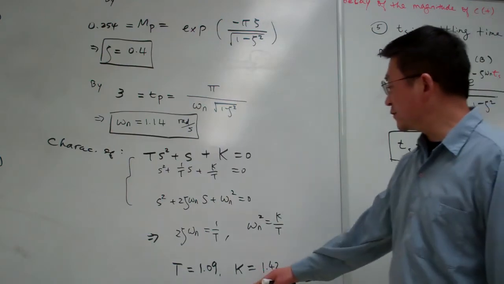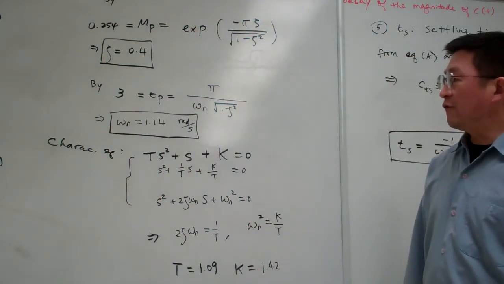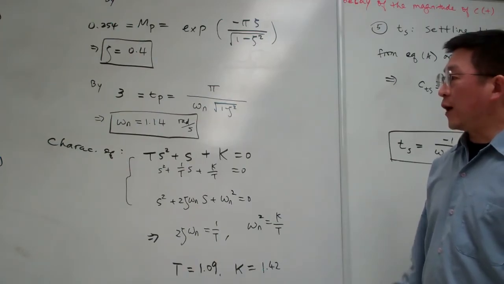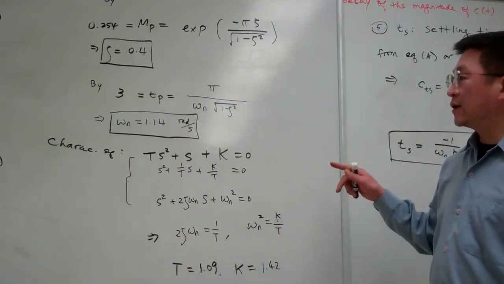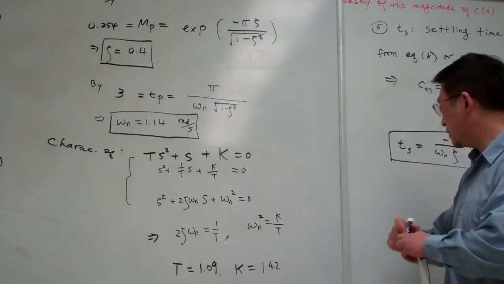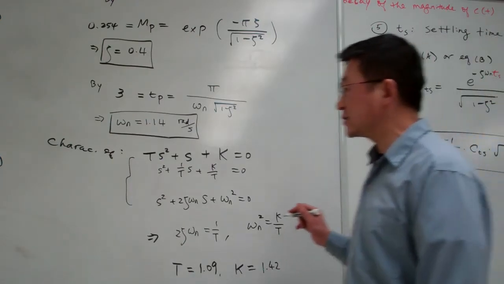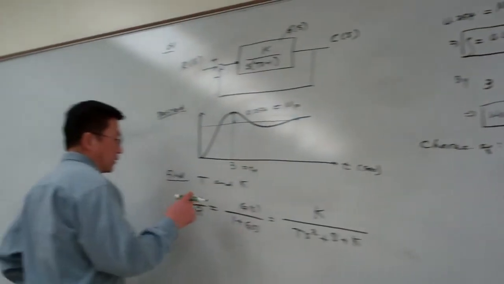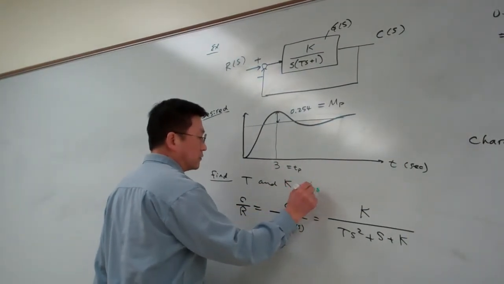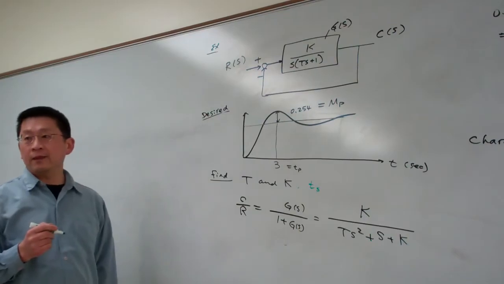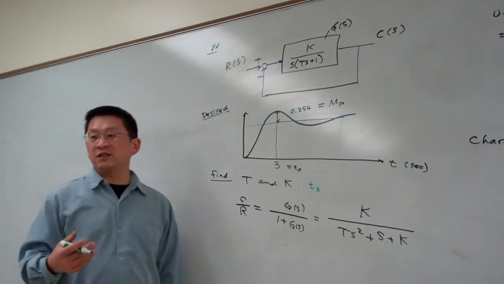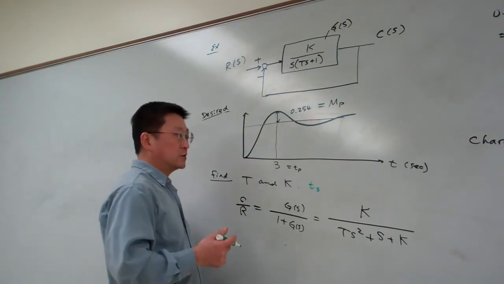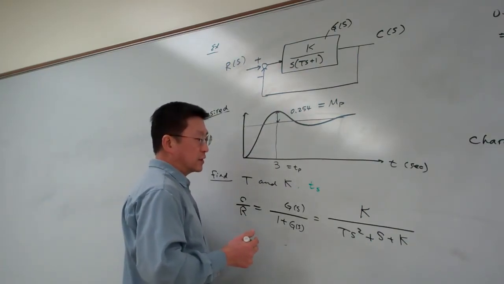Once we have determined T and K, the follow-up question I can keep asking is finding Ts, for example the settling time, how long you expect until the system settles, which means it reaches pretty much the pseudo steady state.